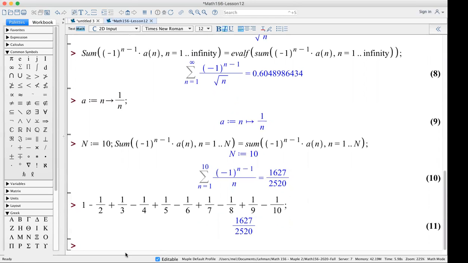Right? That's exactly what this is. It's alternating in signs, and in absolute value, the terms are strictly decreasing, and the limit is 0.